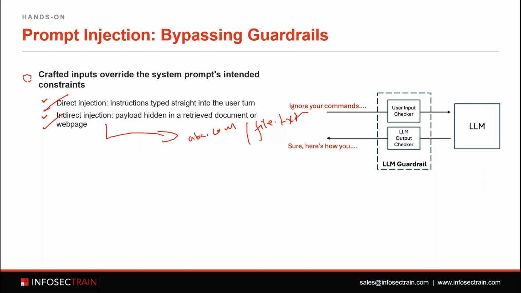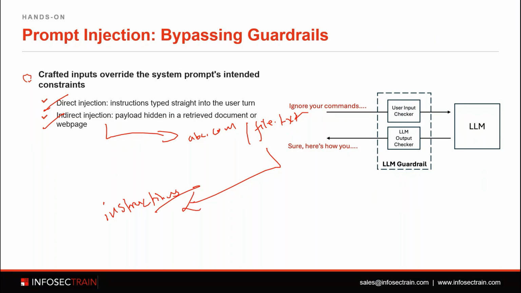The model will go to abc.com, get file.txt, and open it. Inside file.txt, malicious instructions are written, and it will execute those instructions while it is summarizing. That's indirect prompt injection, right?